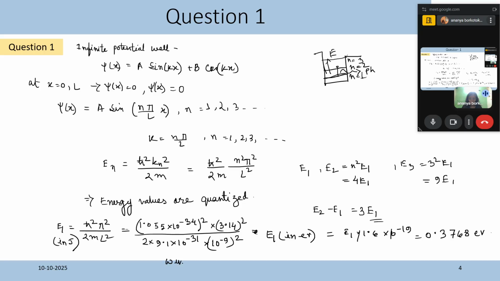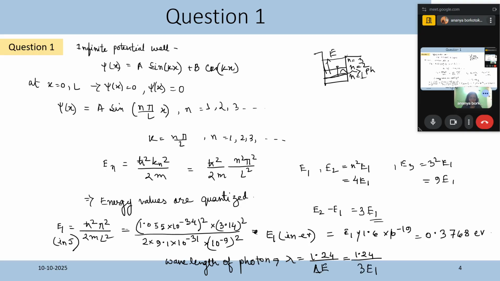So what will be the wavelength of the photon? We know this relation, lambda is equal to 1.24 by delta E, which in our case is 3 into E1, right?